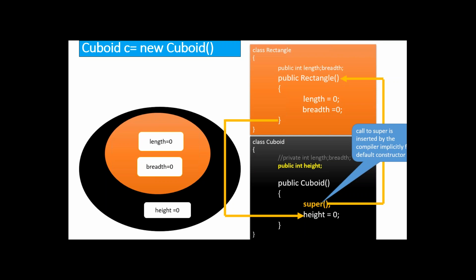So first, which object is created? Parent class object or child class object? From this figure, what can you make out? First, is the parent class object created, that is, the rectangle class object, or does it first create an object for the cuboid?